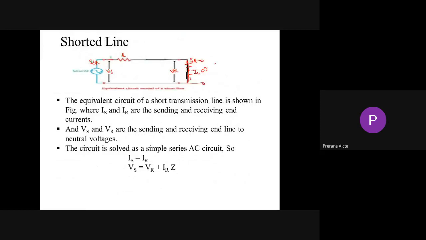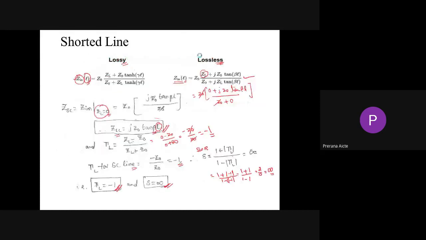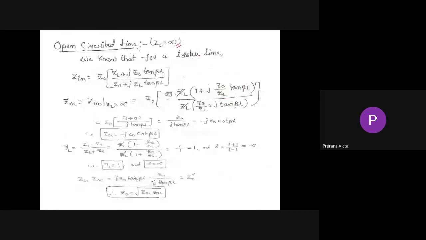At that time, Z of L equals infinity. Then, what is the input impedance, the reflection coefficient and the voltage standing wave ratio of an open circuit lossless transmission line?